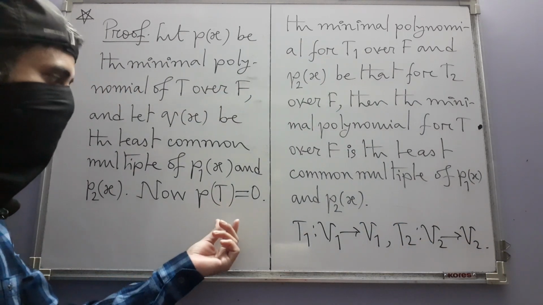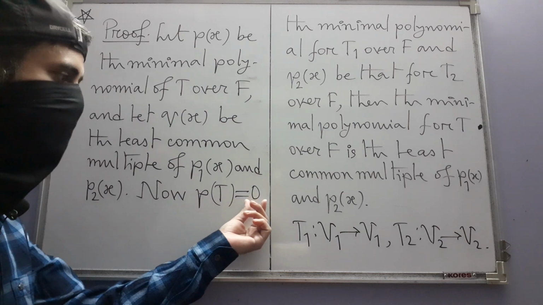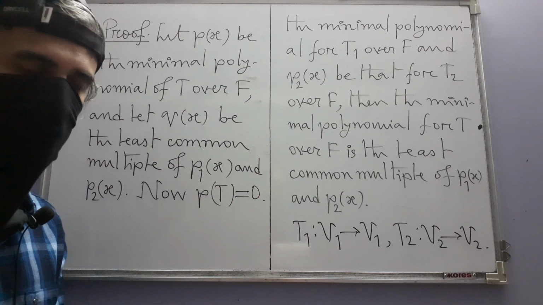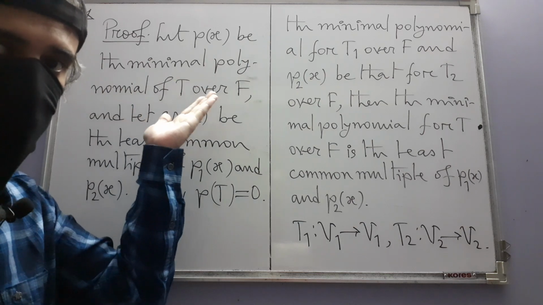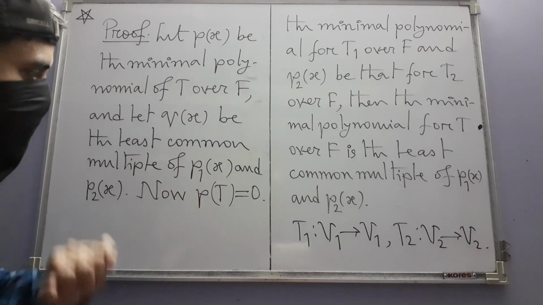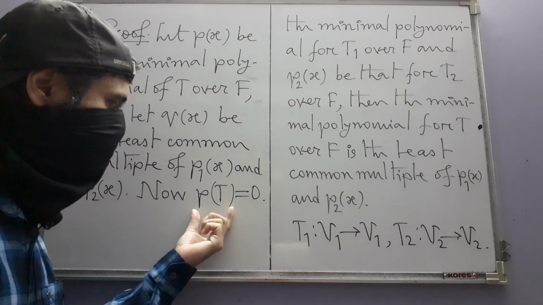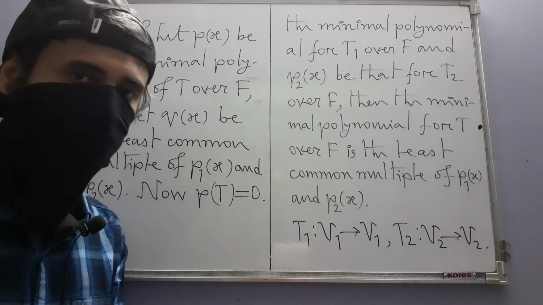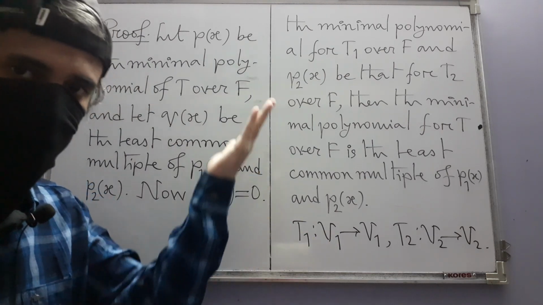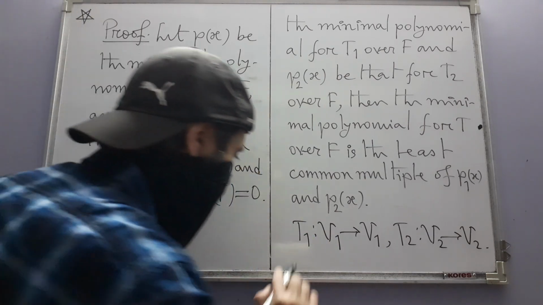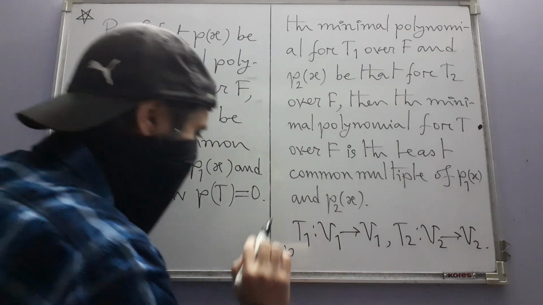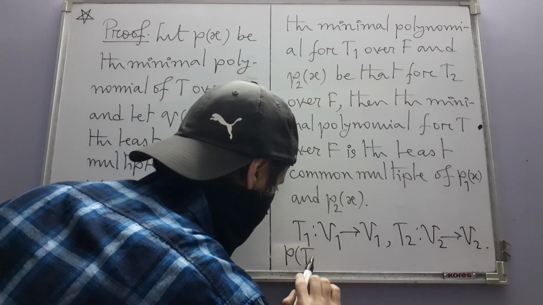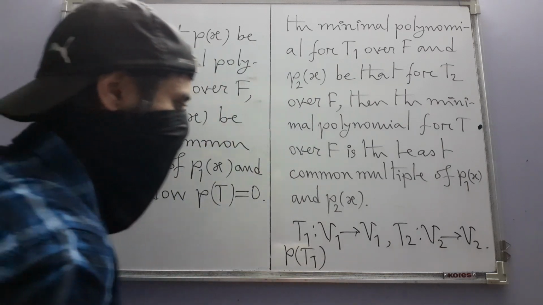Because p(T) is the zero operator, the restriction of p(T) on V1 will be p(T1), as we saw before.